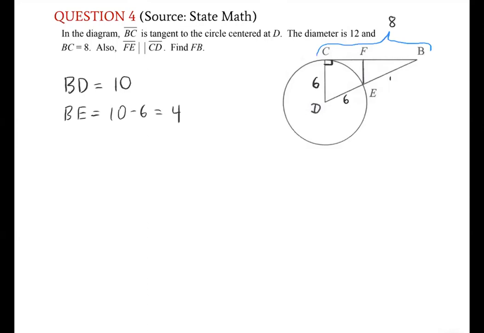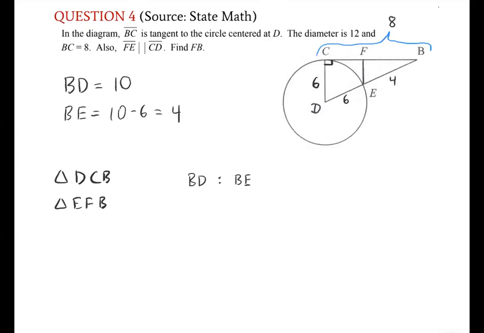Now, triangle DCB is similar to triangle EFB, so we can use proportions to find what FB is equal to. First we take one side of the bigger triangle, in this case BD, and compare it with the corresponding side on the smaller triangle, which is BE.